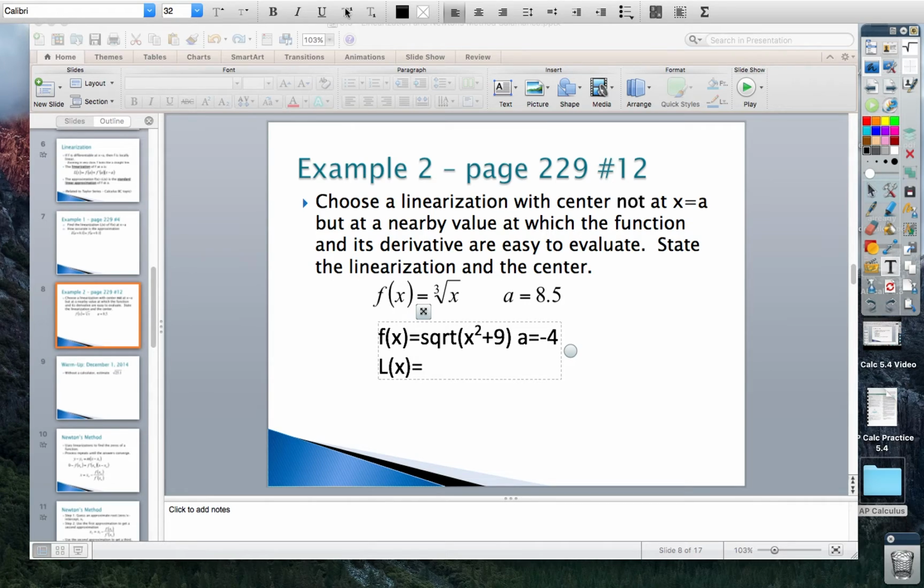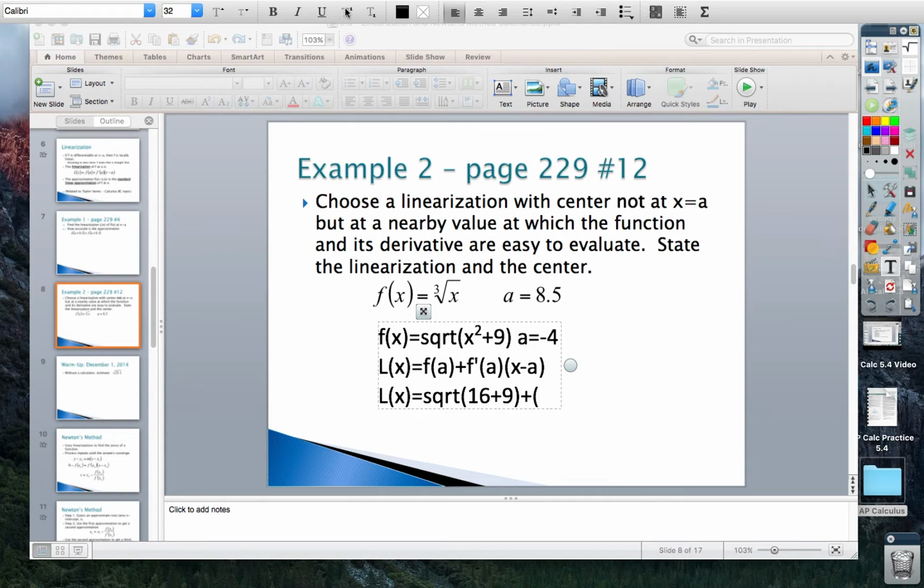L of x equals f of a plus f prime of a times x minus a. So L of x is equal to the square root of x squared plus 9. So you have the square root of x squared, where x in this particular case is negative 4. So negative 4 squared is 16 plus 9, plus f prime of a.